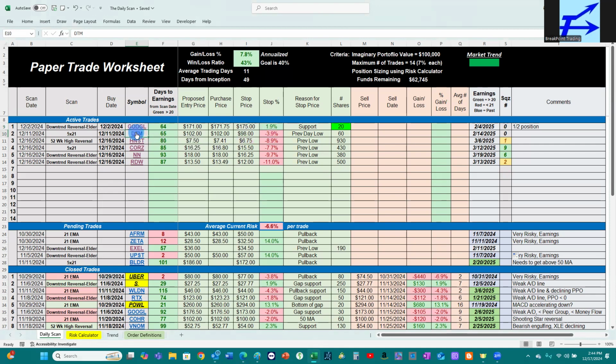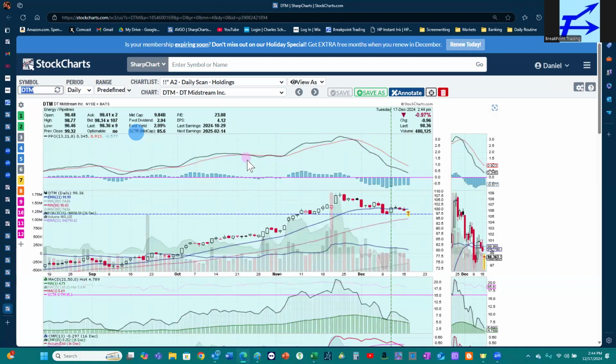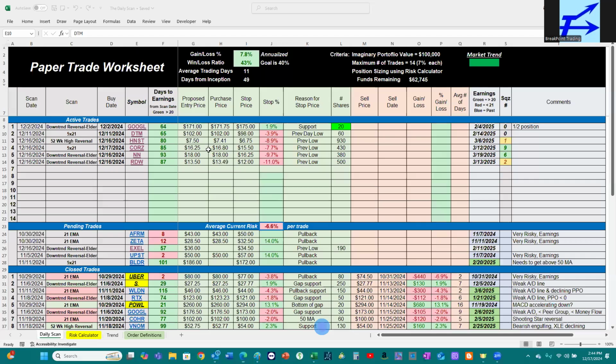And then DTM, which I looked at yesterday, actually it probably stopped out today. Let me see real quick. Hadn't looked at it lately. So I showed that with some of its peers in its group. Yeah, DTM stopped out. So that one has stopped out. We can go back and put the information in here.